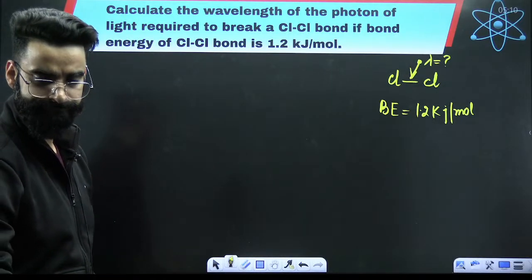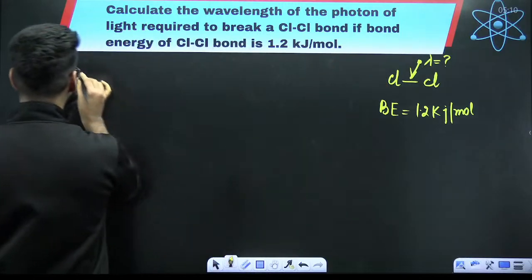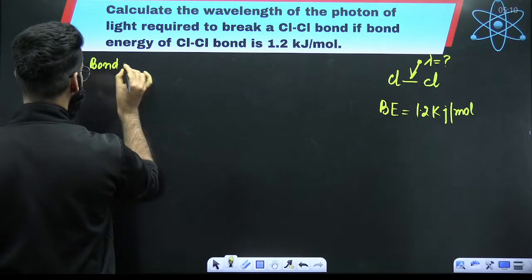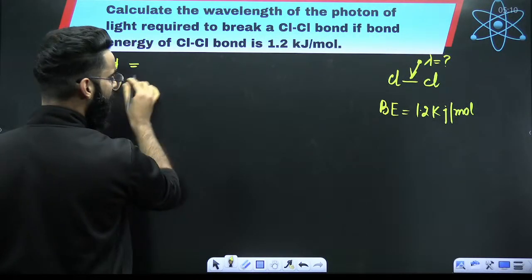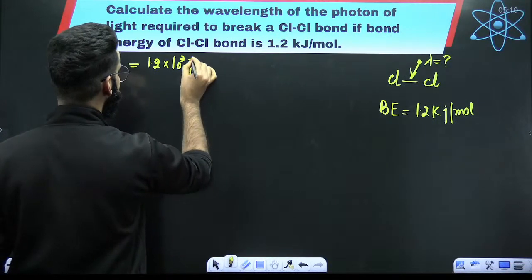How do you do it now? The same procedure. In order to break Na bonds between two chlorine atoms, how much energy is required? 1.2 into 10 raised power 3 joules of energy is required.